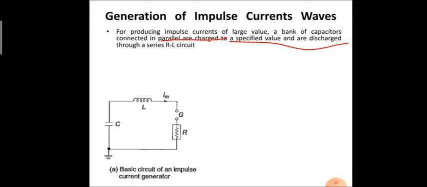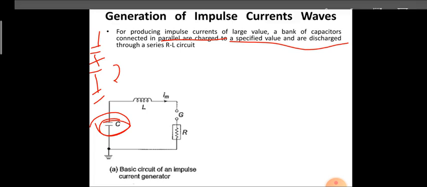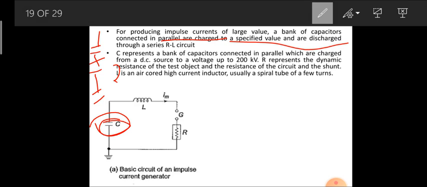Here C represents the bank of capacitors connected in parallel, which are charged from a DC source to a voltage of up to 200 kilovolts.